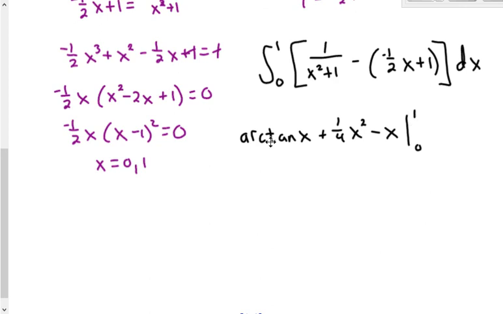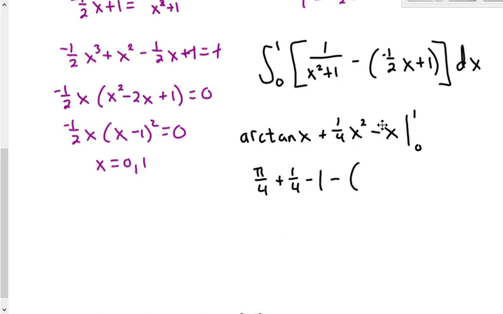So now if we plug 1 in there, we get the arctangent of 1, which means what angle has a tangent that equals 1? Well, tangent of 45 is 1, or in radians, pi/4. So the arctangent of 1 is pi/4. And then plus, put 1 in here, we get 1/4 minus 1. Then if we put 0 in there, arctangent of 0 is 0, because tangent of 0 is 0.